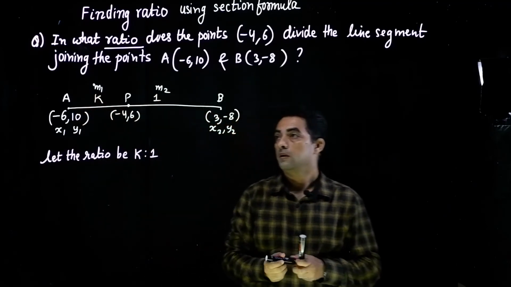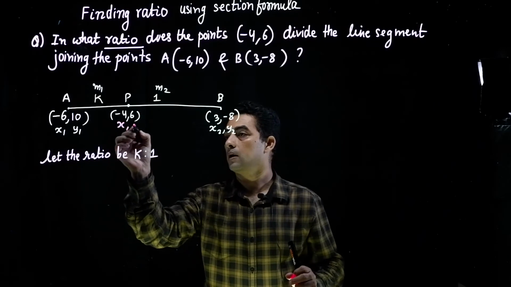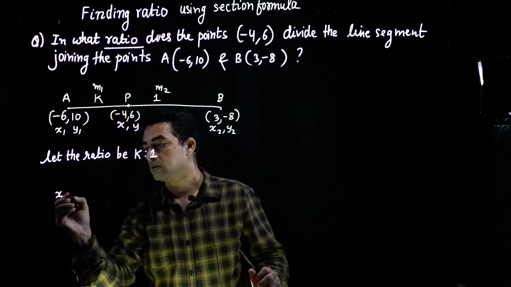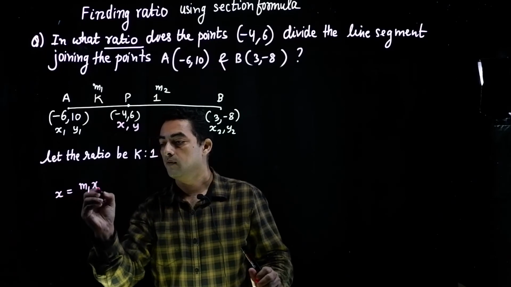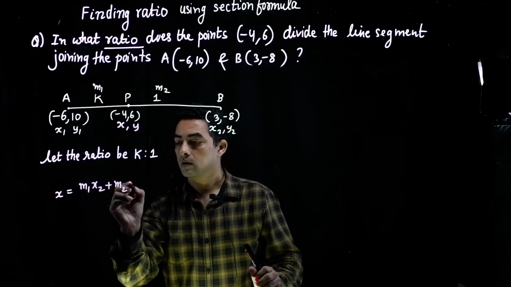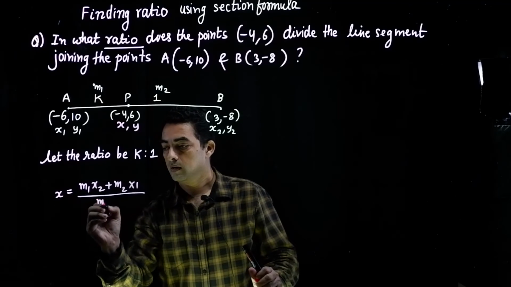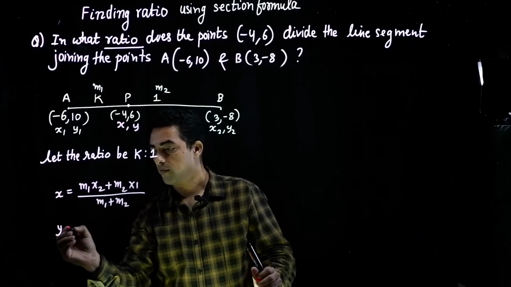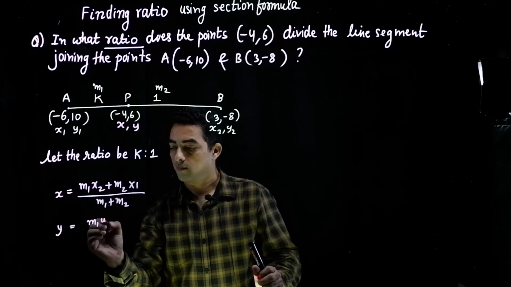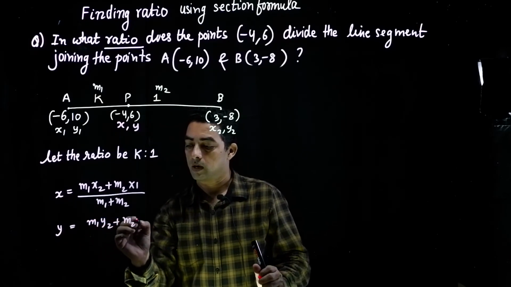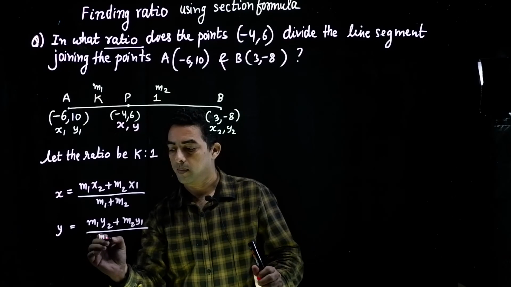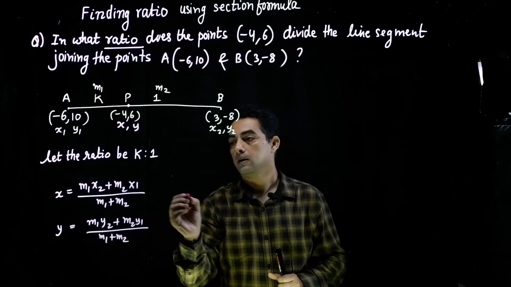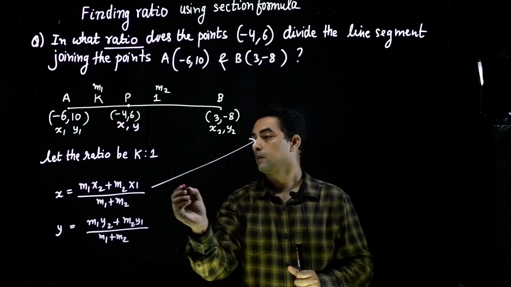Now we will put in the formula to calculate X and Y, the same formula which we have learned. For X, the formula was (m1x2 + m2x1) divided by (m1 + m2), and for Y it was (m1y2 + m2y1) divided by (m1 + m2). The formula remains the same. Let's apply it.